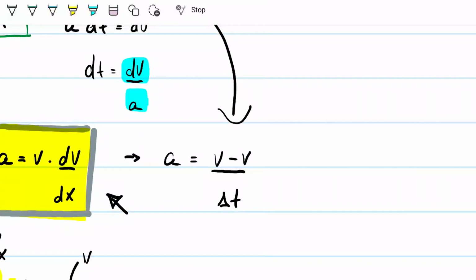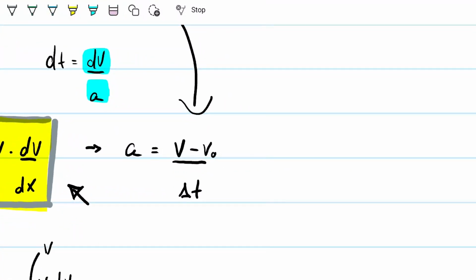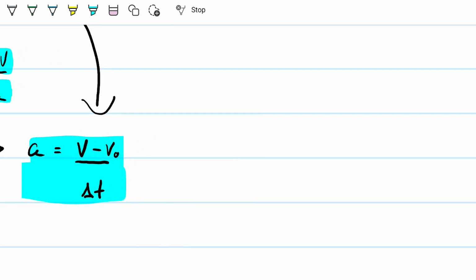So over here, delta v is going to be divided by delta time, so velocity minus initial velocity over delta time. And what you can do from here is relate this delta time with the position equation that we derived in the last video, if you want to check that one out, which is just the general position equation, x naught plus v naught t plus a t squared over 2.